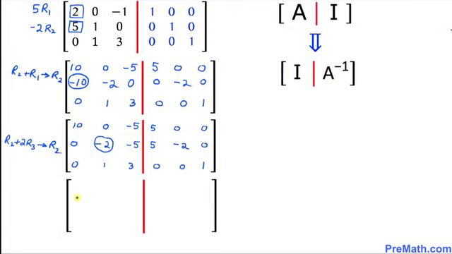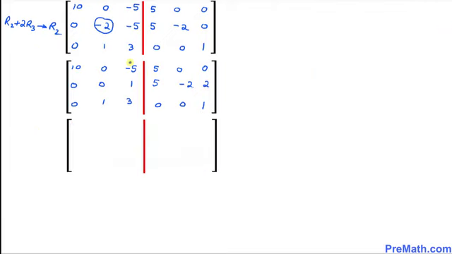So our second row is going to become simply 0, 0, 1, isn't it? And then 5, negative 2, 2. The rest is going to stay the same. So 10, 0, negative 5, and here 5, 0, 0. Likewise, here stays the same, 0, 1, 3, 0, 0, 1.